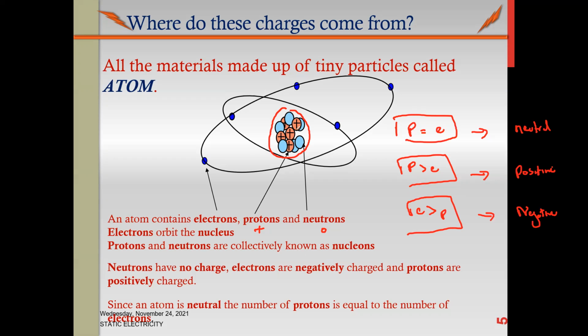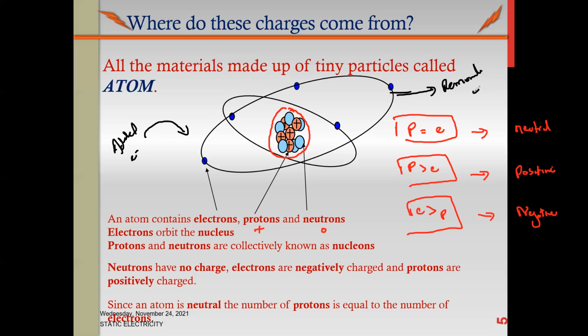So how can an atom be charged? Inside the nucleus, neutrons and protons are there, so it is difficult to lose these protons and neutrons. The only thing that can happen is that the number of electrons can be changed. Either an electron can be added or an electron is removed.